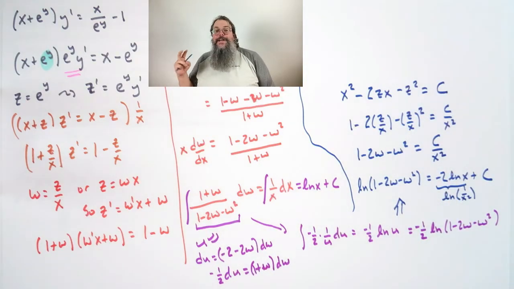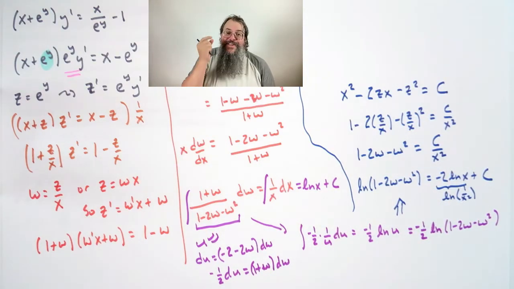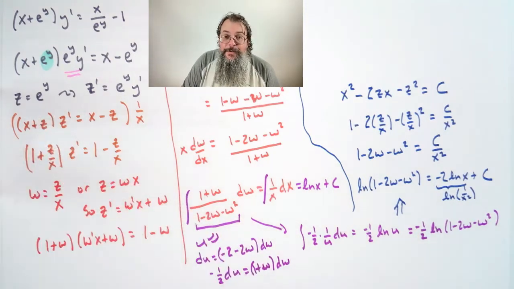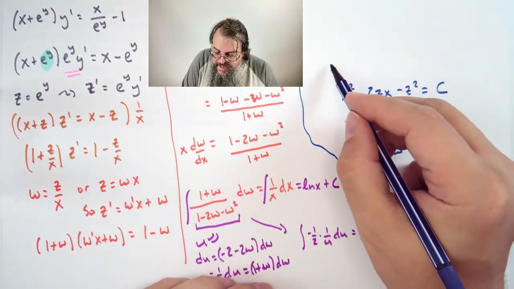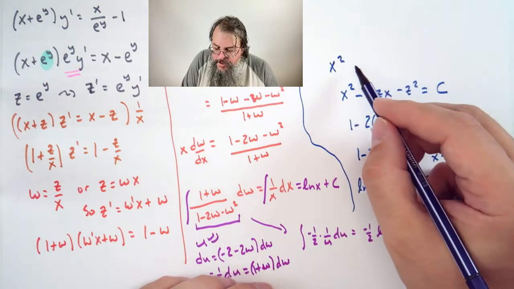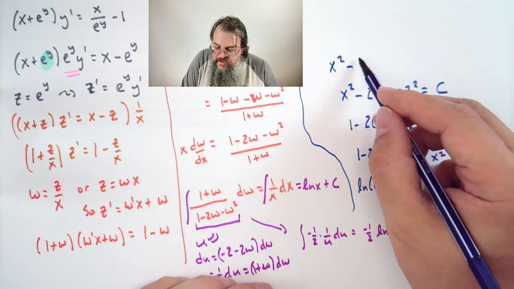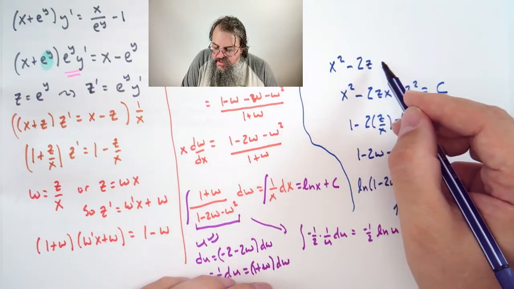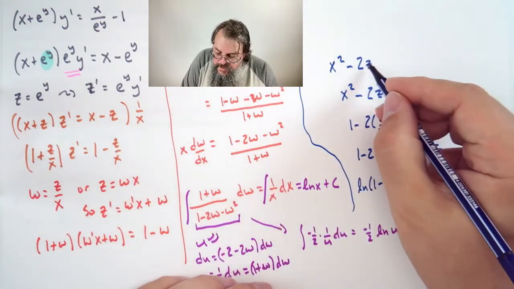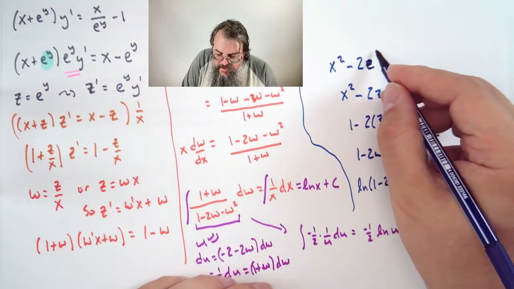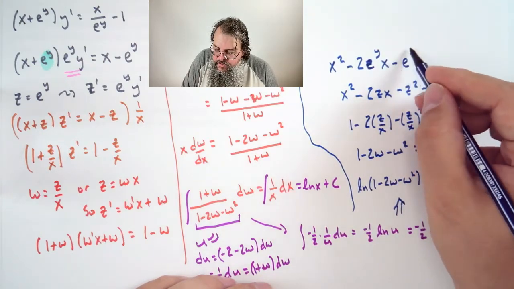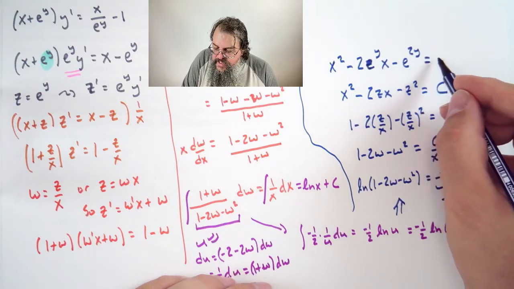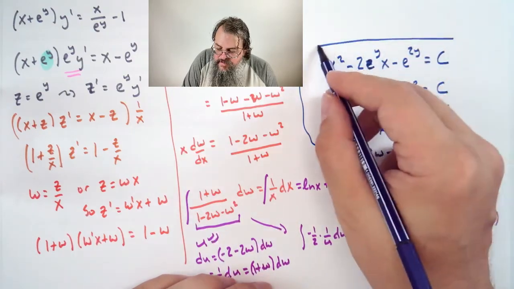All right, now we're in our home stretch. What's z? Z is e to the y. So we plug that in, and so we're going to get x squared minus 2 e to the y times x minus e to the y squared, which is e to the 2y, equals some constant c.